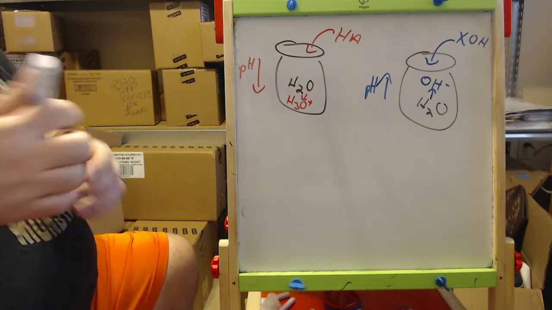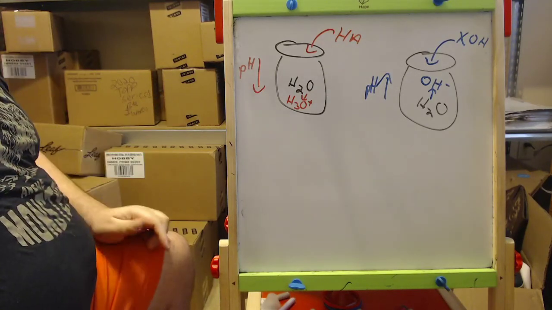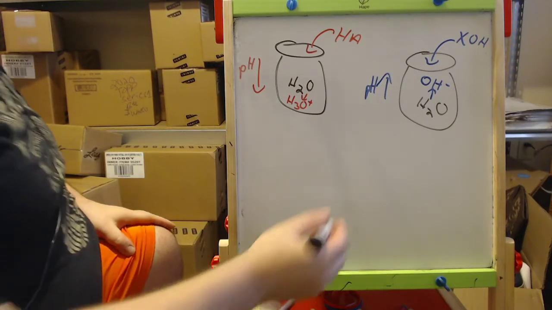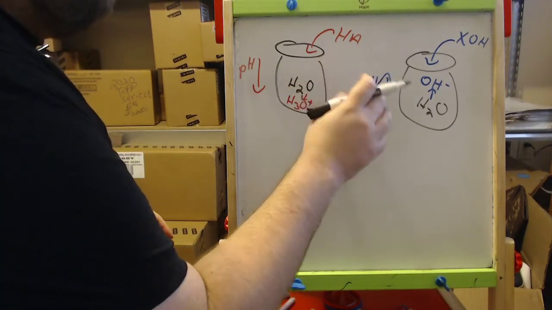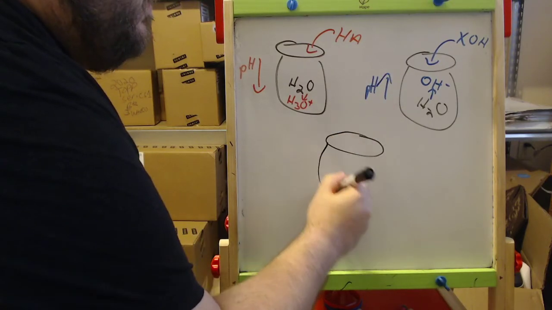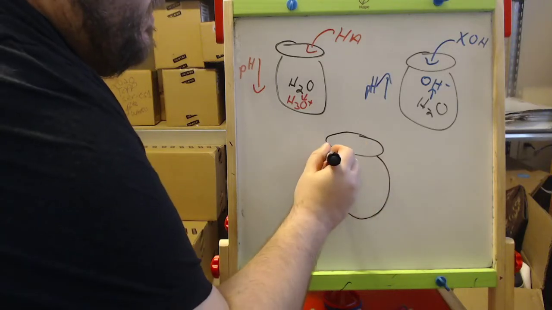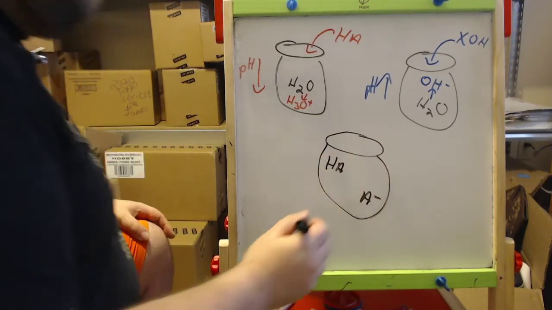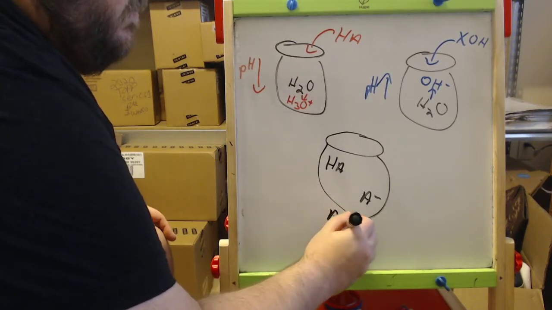A buffer is a substance that essentially has a resistance to a change in pH with the addition of an acid or a base. What a buffer contains, usually, is an acid and its conjugate base. So this is a buffer.